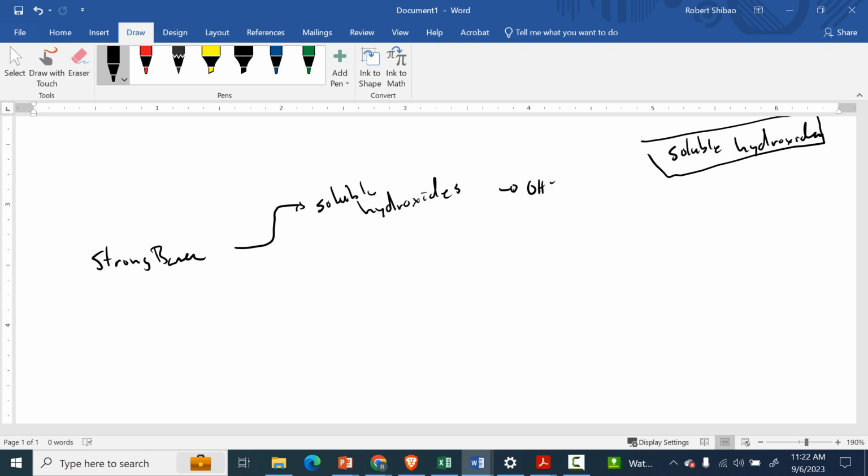What else? Do you have any other strong bases memorized? Oxides. The soluble oxides. Which would primarily be group 1 and ammonium, although ammonium might not be.